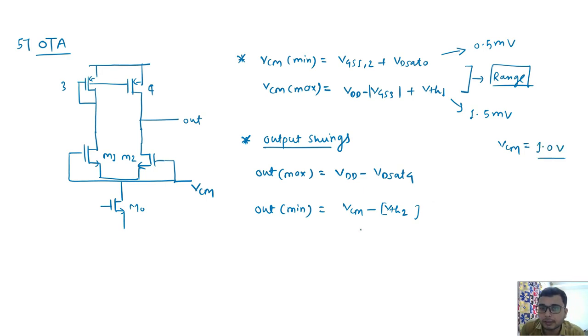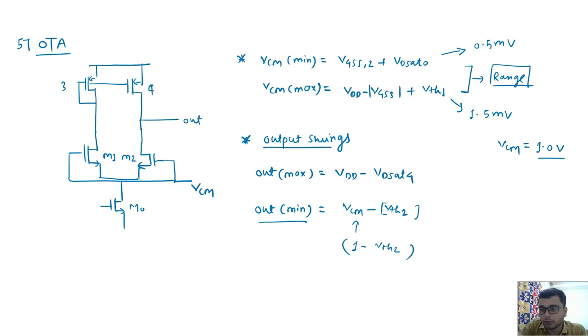So we will apply this 1 volt minus this VTH2. Whatever the present common mode applied at the input, we will use that particular value of common mode while calculating the minimum value of output. So this is the output swing.